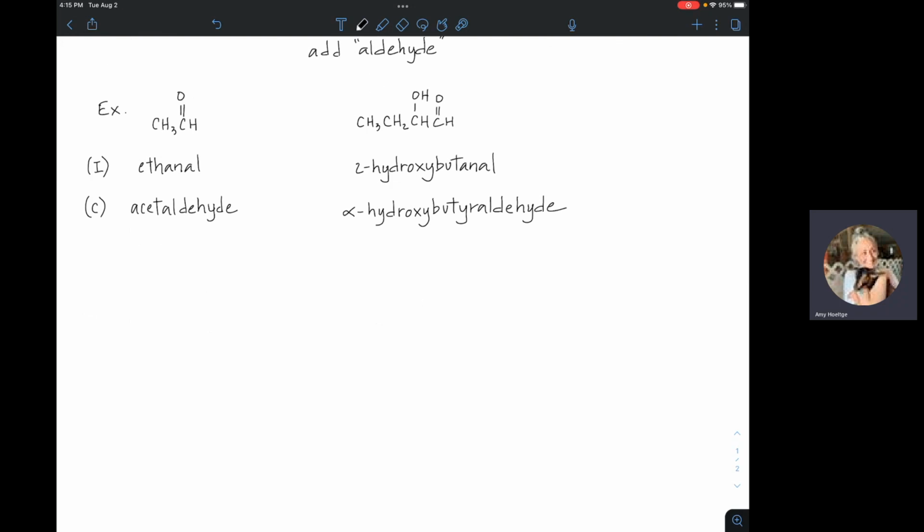With ketones, for IUPAC nomenclature, we're going to drop the E from the parent hydrocarbon and we're going to add one.